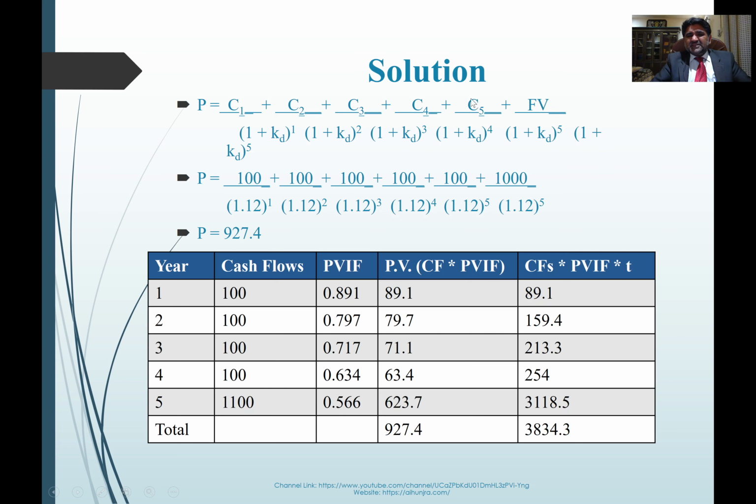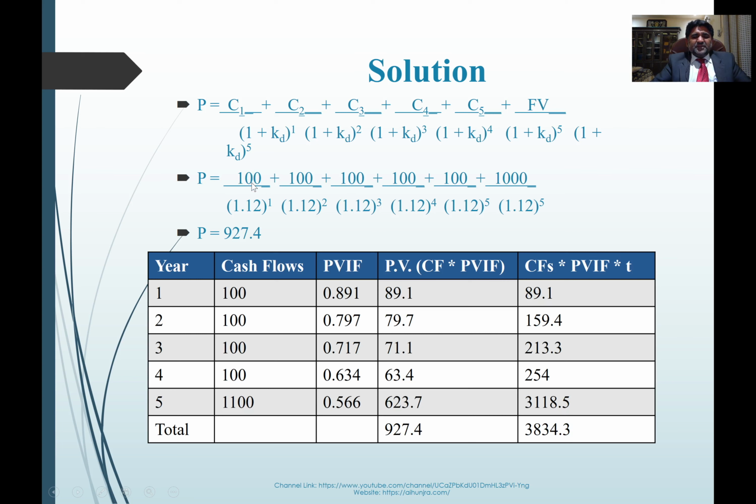Once we put the values, this is the 100 and here is 1000. We can put 1100 divided by 1 plus Kd raised to the power 5, or we can solve each cash flow separately. Look here, we place the values. 100 is the coupon payment, and the coupon rate is fixed over the life of the bond, so the coupon payment will also be fixed.